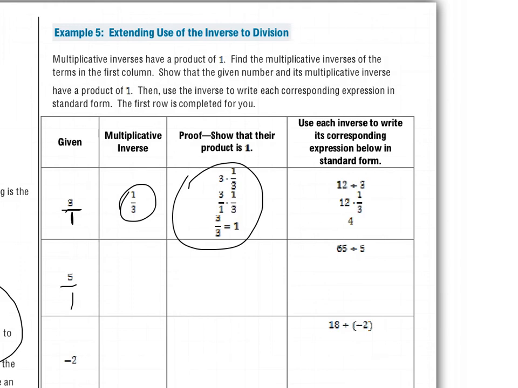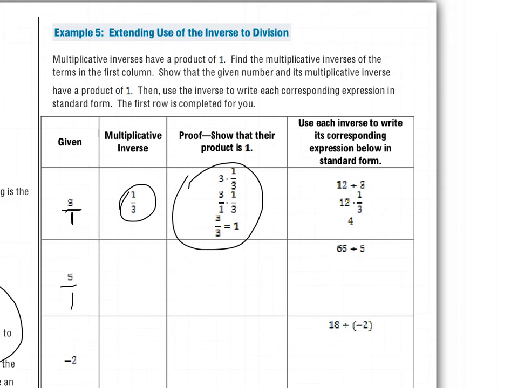Then it says use each inverse to write its corresponding expression in standard form below. So what it's asking us to do over here is basically the same idea that we do when we change a subtraction to adding the opposite. And really the goal here is that we want to be able to change multiplication or division to multiplication so we can use any order, any grouping with our multiplications as well.